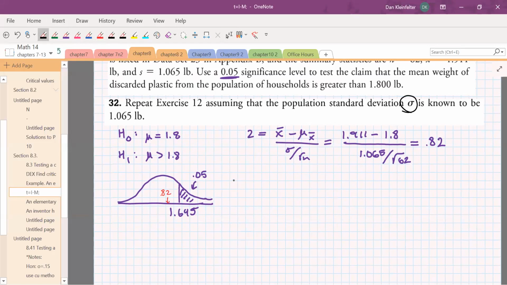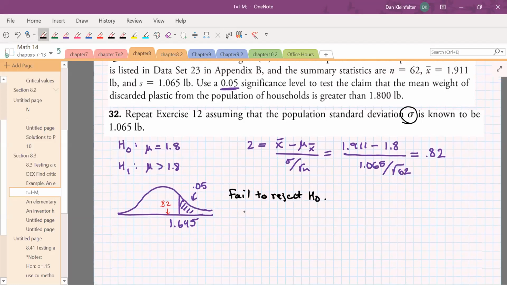And so we will fail to reject our null hypothesis, and so there's not sufficient evidence to support the claim. And that will do it.